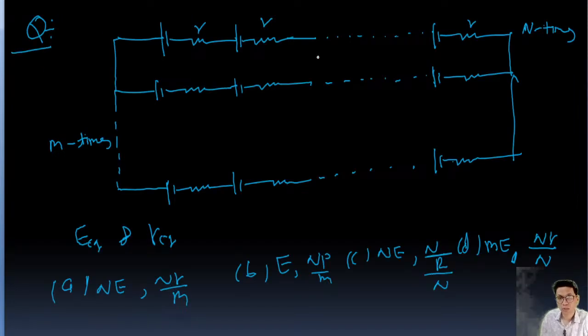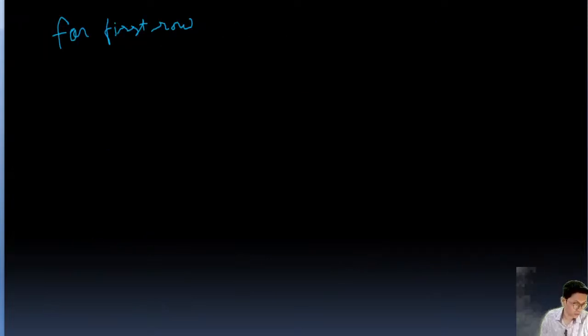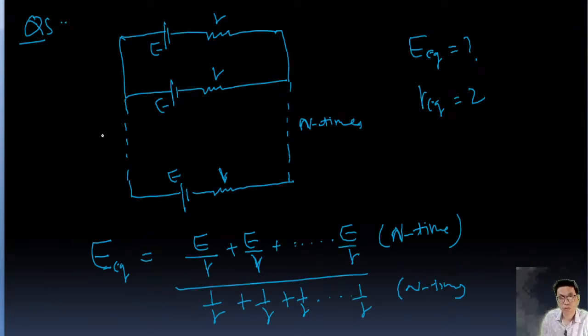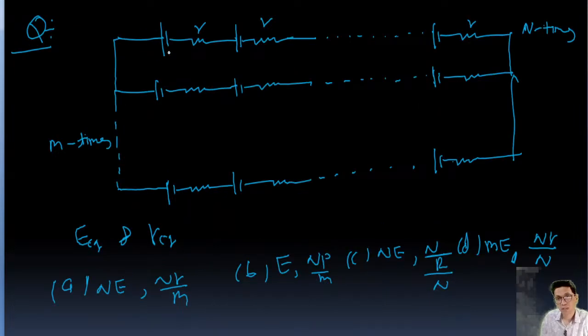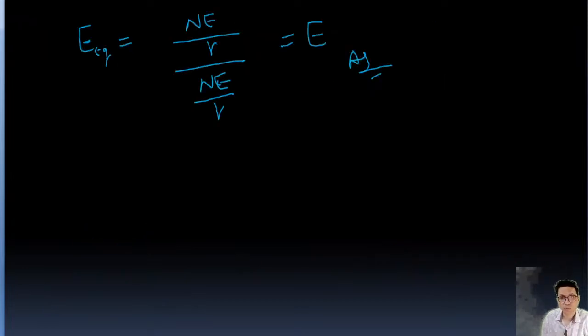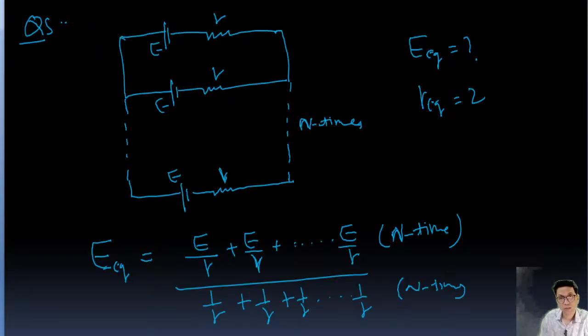We are talking about this row. R equivalent is going to be, because they are in series, n times R. We have found it like this, right? So this one.